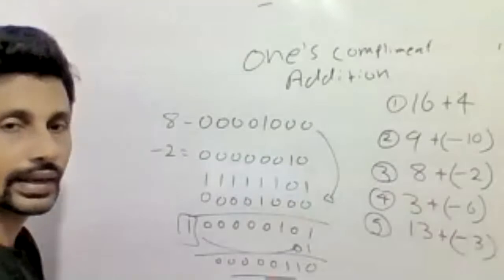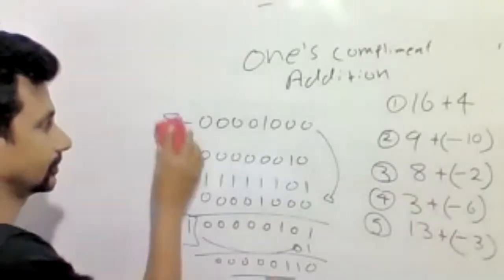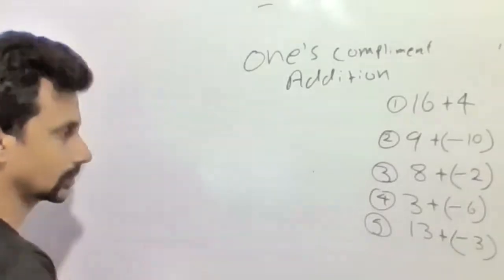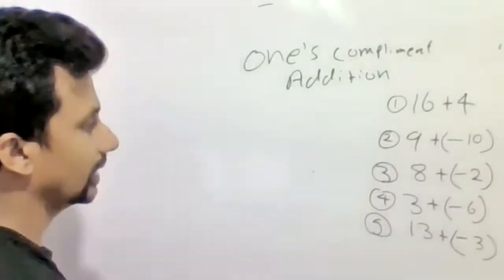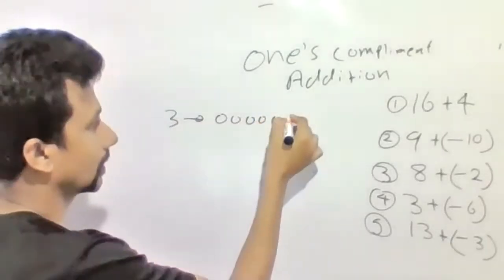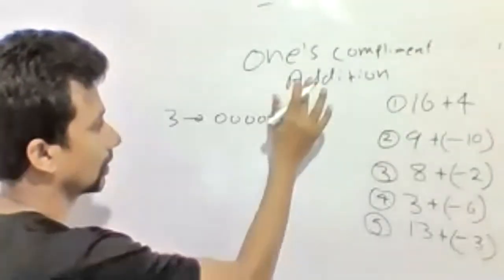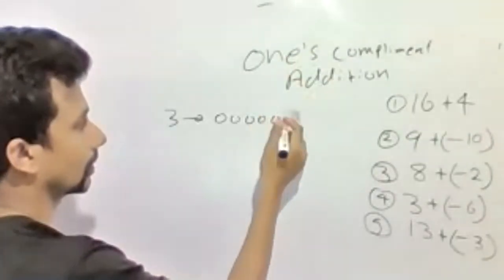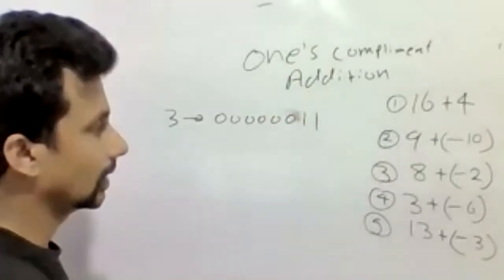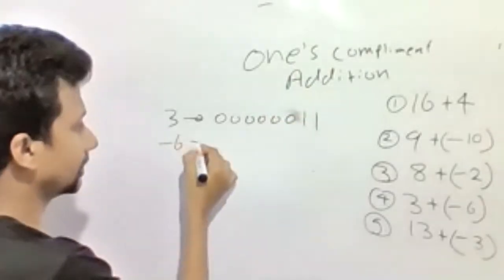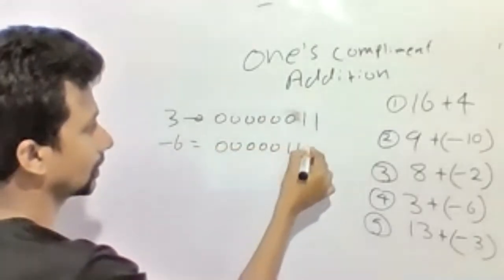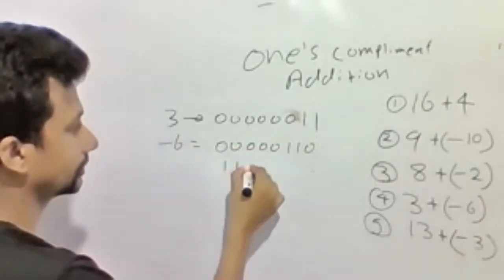Then we'll take the fourth one. 3, I'm writing here. Three. Then minus 6. 6 I am writing, and convert the other side.